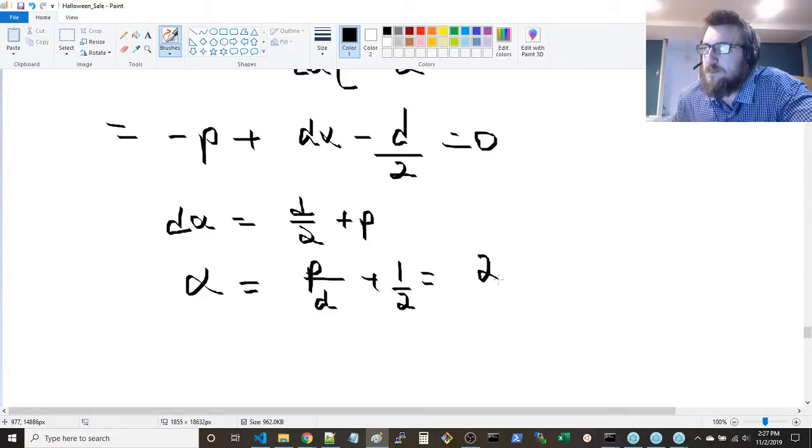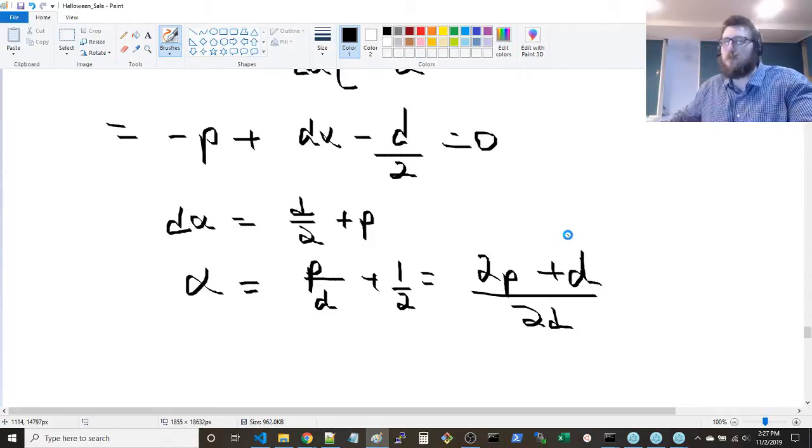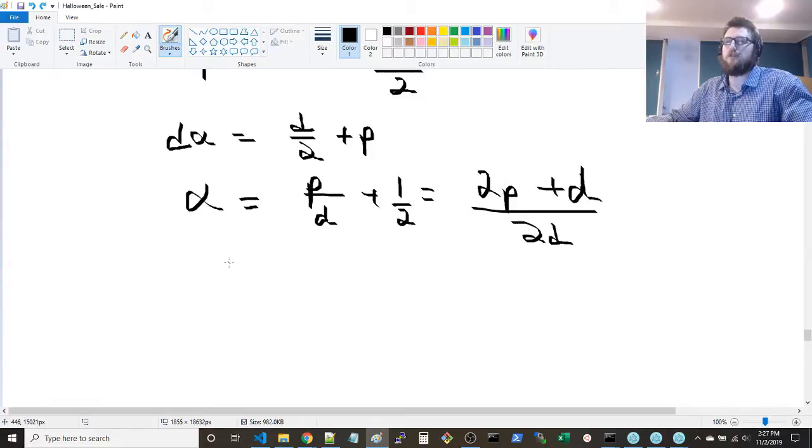We get 2p over 2d plus d. Aha! This also might have been why my calculations before seemed so off, all over the place. Because this is clearly positive. It's obviously a positive number, whereas the other number was not so clear depending on what p and d are.